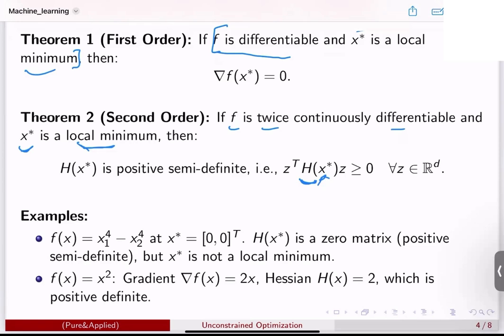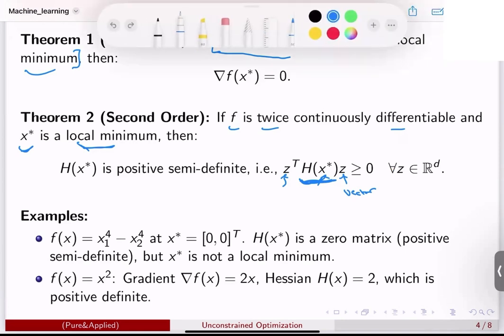And by positive semi-definite from linear algebra, this means that if I take that matrix and multiply it by a z vector, and then multiply by z transpose in the beginning, then that ought to be non-negative for every z. That's very important.